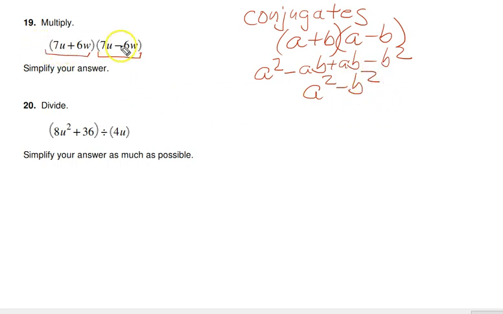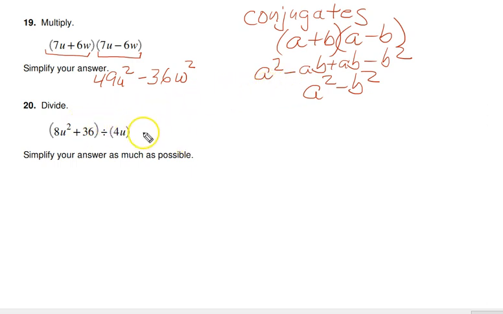So here, if you recognize that these are conjugates, this is going to be 49 U squared minus 36 W squared. That is the difference of perfect squares.